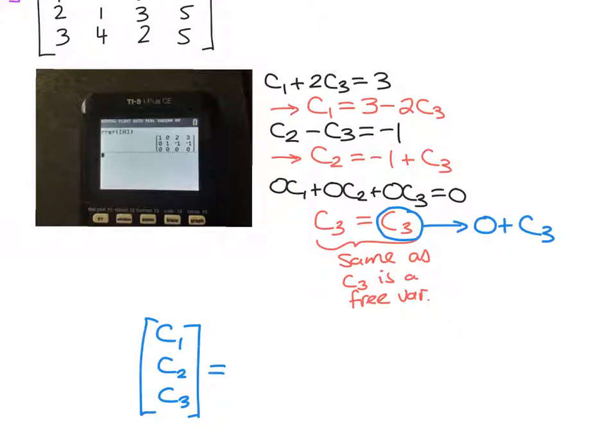It's the same thing, because if every one of them has a structure of coefficient plus or minus something multiplied by C3, then we would want that to have the same structure too.